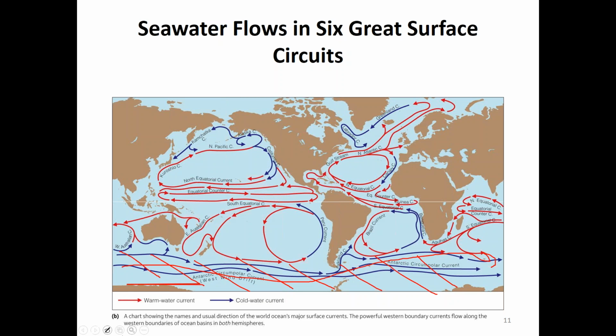So the Antarctic circumpolar current, which is just really fun to say, is not a gyre, but it is a large circuit of water in the ocean, okay? So there's 6 major surface circuits in the ocean, 5 of which are gyres, 1 of which is not.